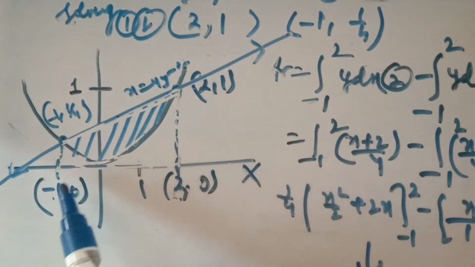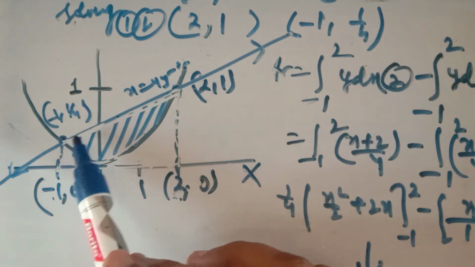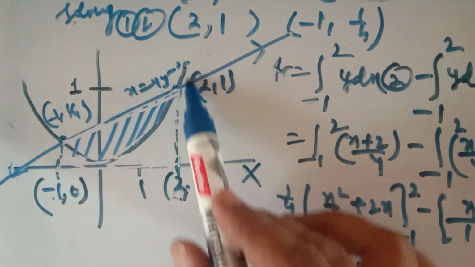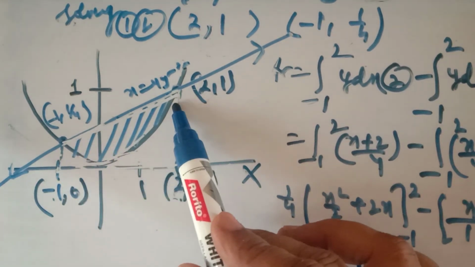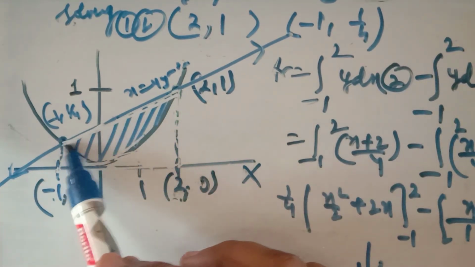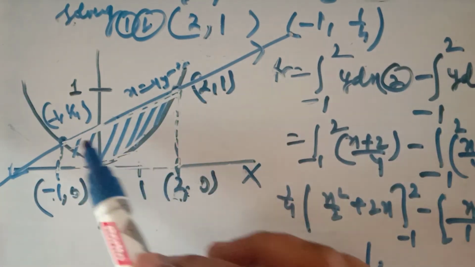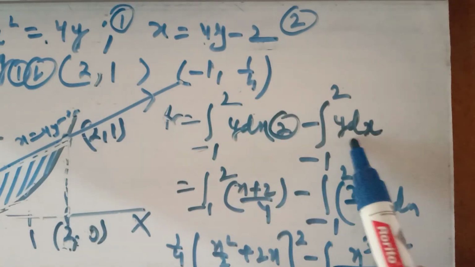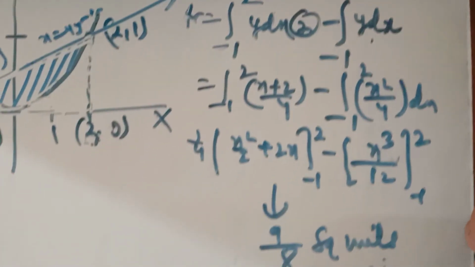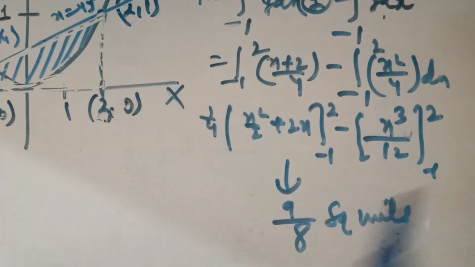Here from −1 to 2, the area under the line includes an extra non-shaded area touching the parabola. So integrate the line from −1 to 2 and subtract the area under the parabola from −1 to 2. Line minus parabola, and integrate, and you get the area bounded by these two curves. It is an important question.